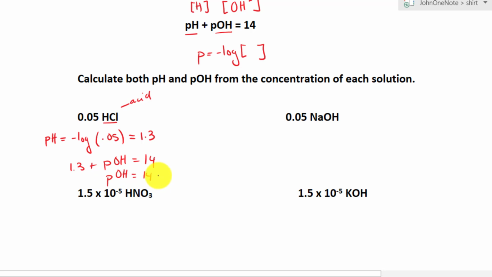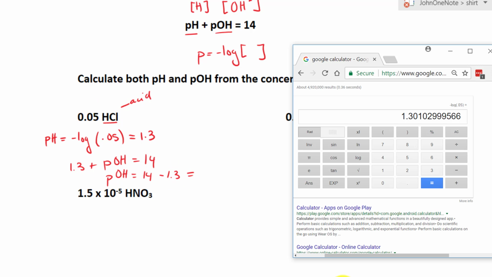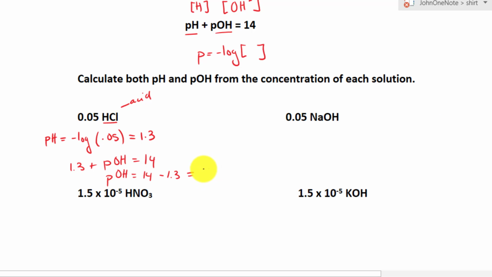Well, 14 minus 1.3 gives us 12.7. So we have 12.7, that is our pOH right there.